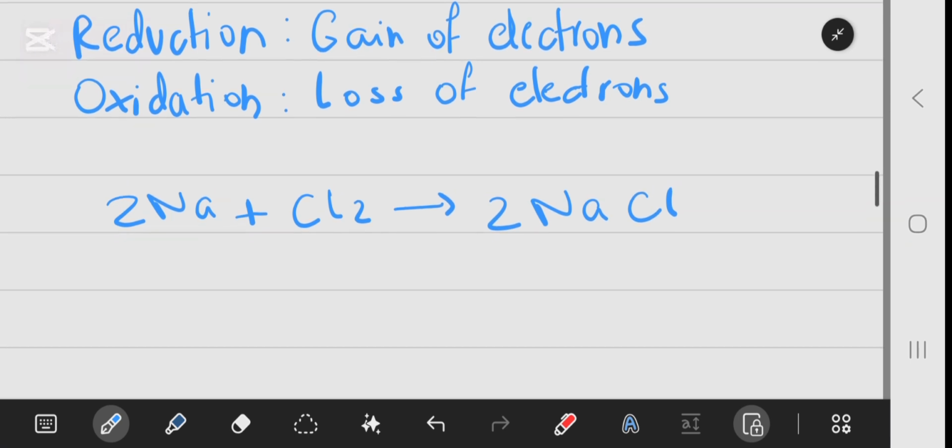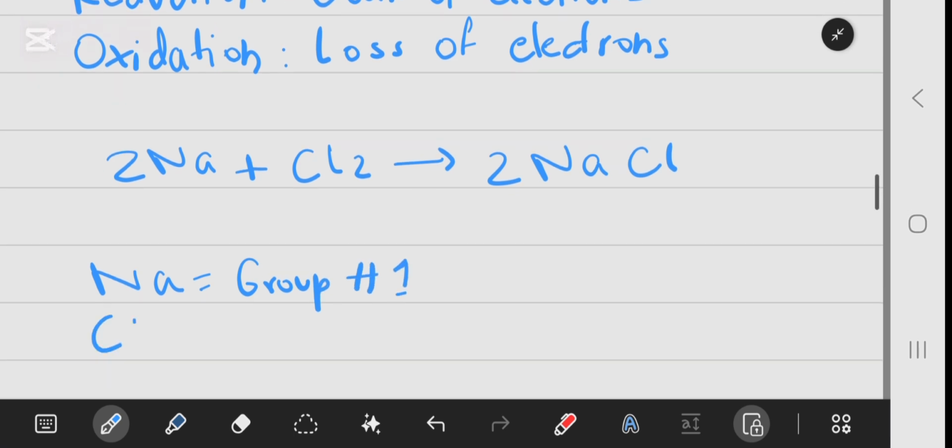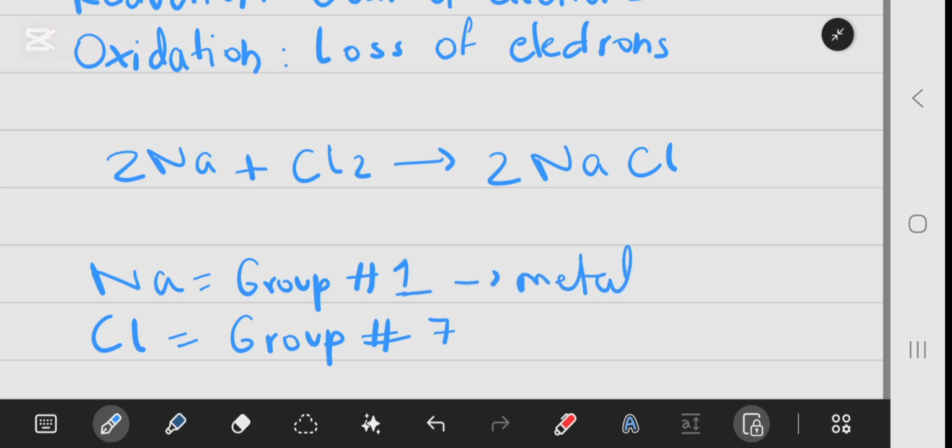If you look at your periodic table, you can see that sodium belongs to group number 1 and chlorine belongs to group number 7. All group 1 elements are metals, so sodium is a metal, and group 7 are all non-metals, so chlorine is a non-metal, right?